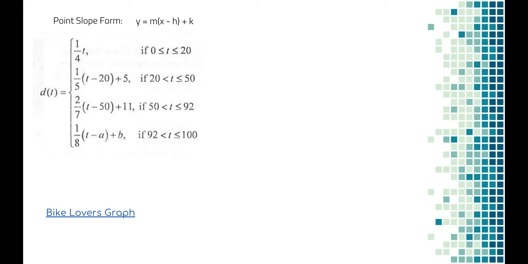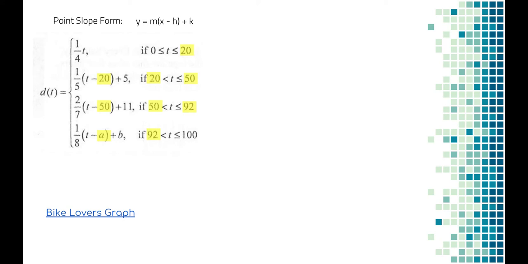Students may notice a bunch of other things, particularly with the domain pieces and the expressions. One of the key things they may notice is that the end of one segment becomes the h value in the expression of the next segment and the first domain value of that next piece.